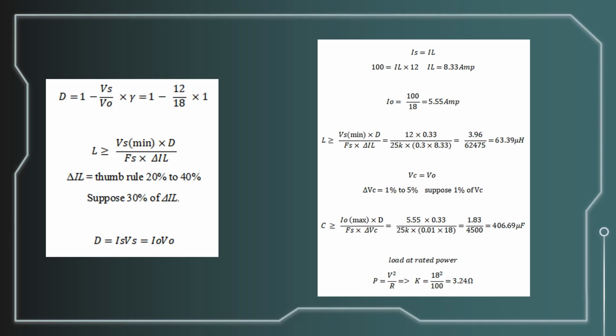The IL that we gained is 8.33 ampere, the IO is 5.55 ampere, the inductance is 63.39 microhenry, the capacitor is 406.69 microfarad, and the load at rated power is 3.24 ohm.